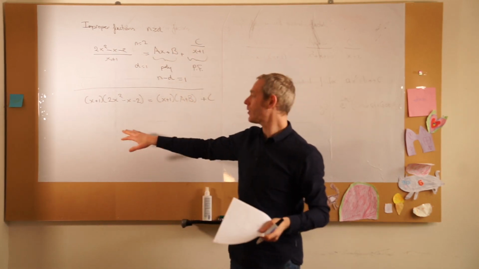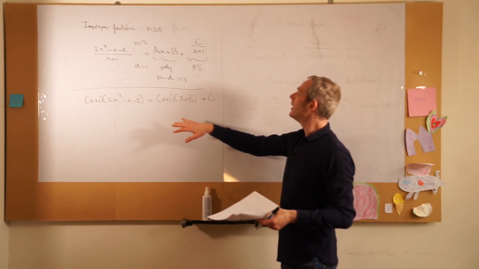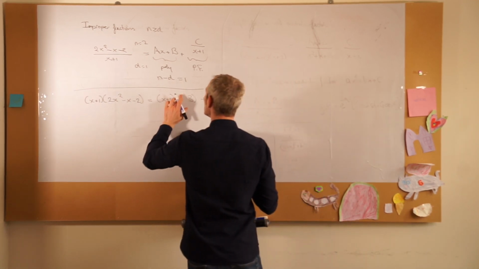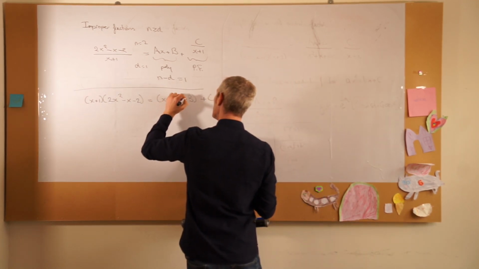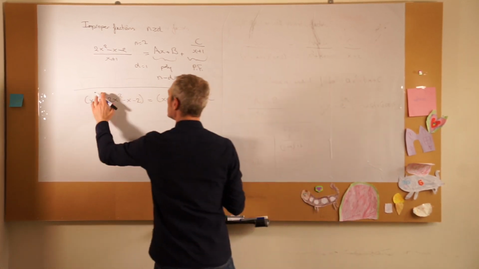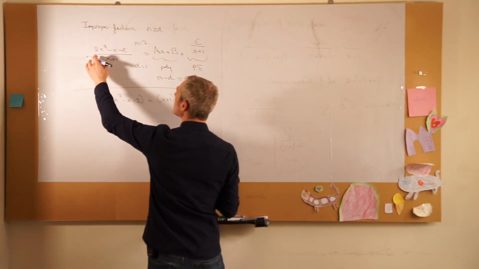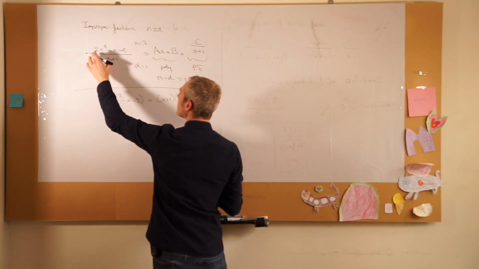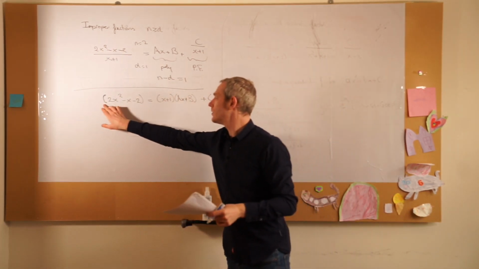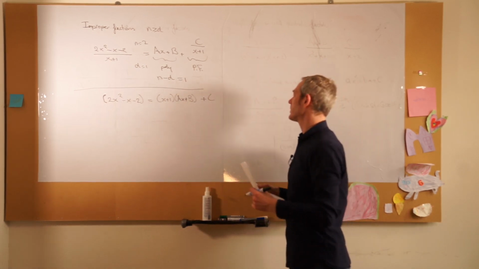And you'll see we'll have a second order equation here. We're multiplying both sides, so multiplying 2x squared minus x minus 2 over x plus 1 with x plus 1 will just yield this. So we have a second order equation here and a second order equation there.